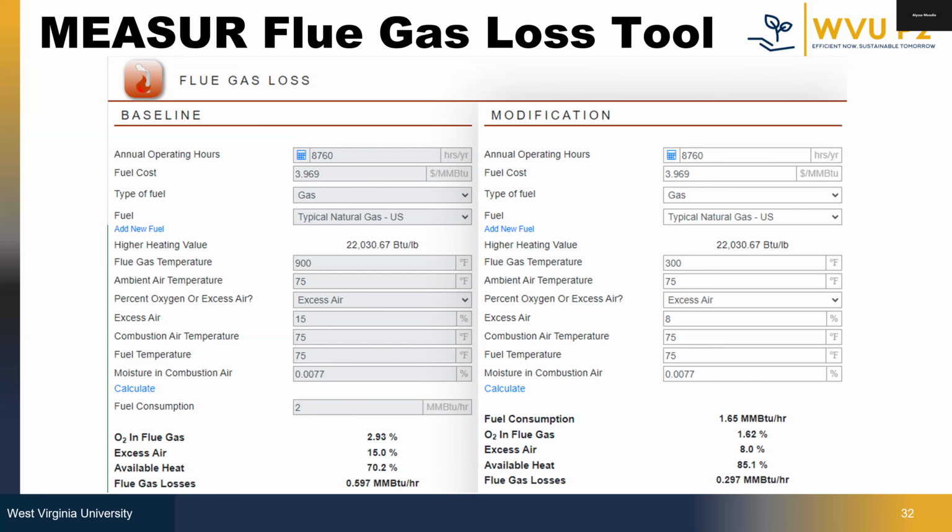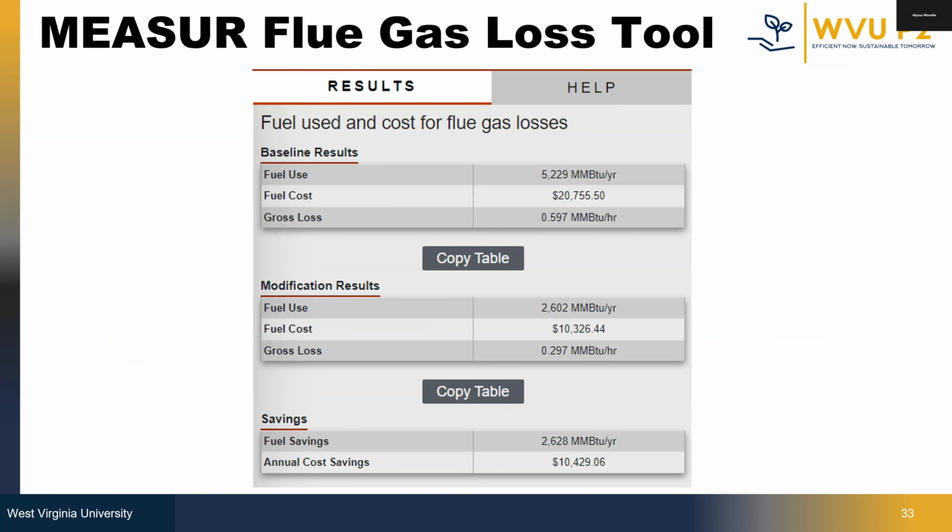And then we can look at, based on the details provided, the software can also estimate fuel use savings and corresponding cost savings due to the modifications.